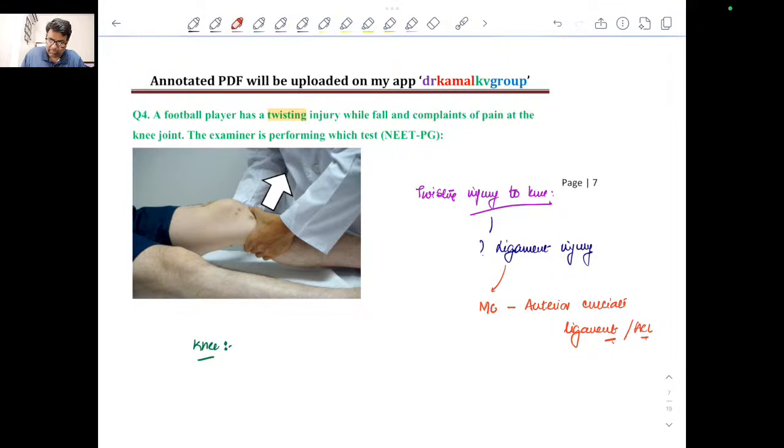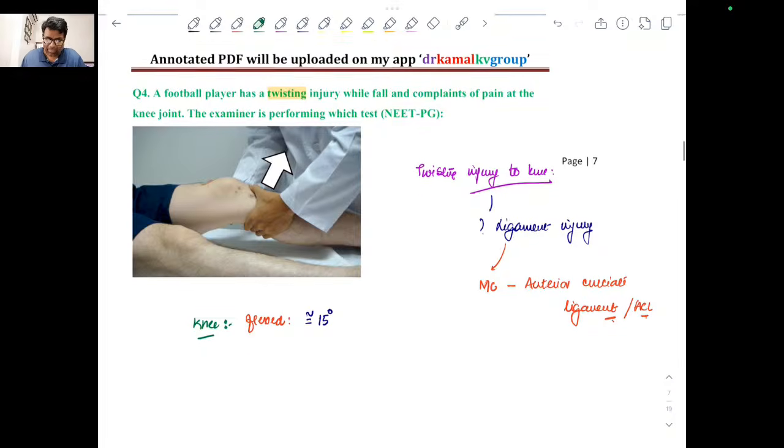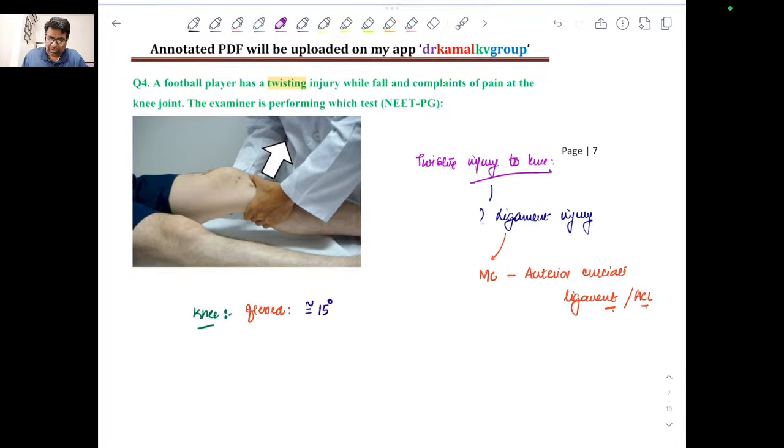Knee is flexed, and by what degree? It is somewhere around 15 degree. Clear? So the knee is flexed around 15 degree, and then, okay, what is happening?